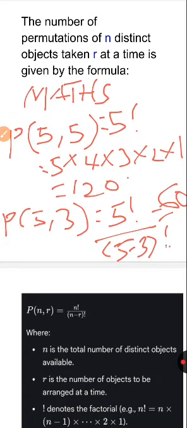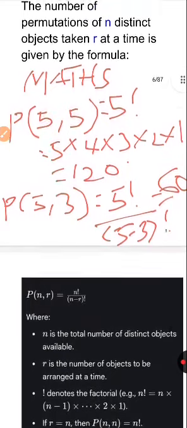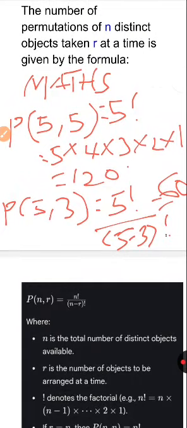Now, P is for permutation. The first number is for N. That's the total number of letters in the word given. In this case, it is math. And then R is the number of objects or letters to be arranged. In this case, we are to arrange all the letters. So 5 letters.